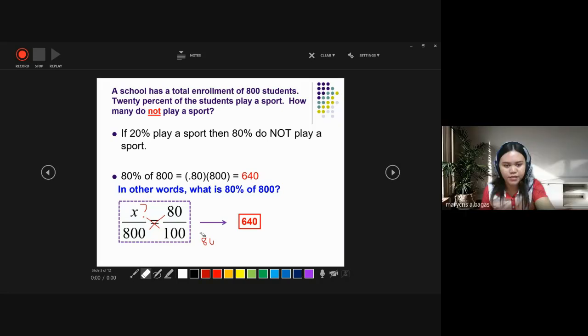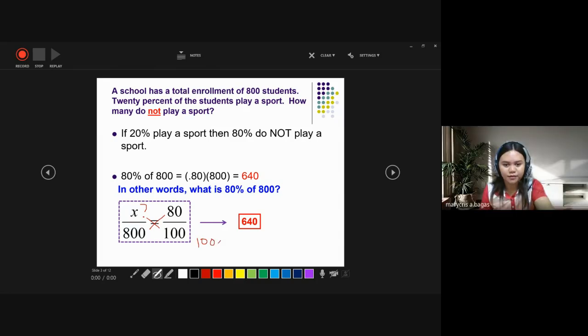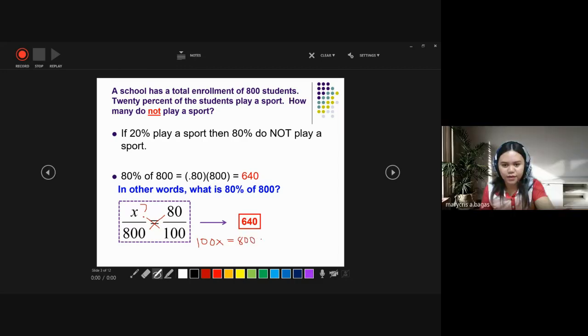Let's write first 100 because the amount has no number: 100x. Then 800 times 80.